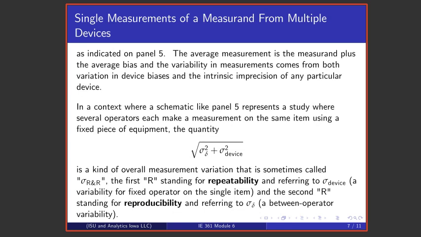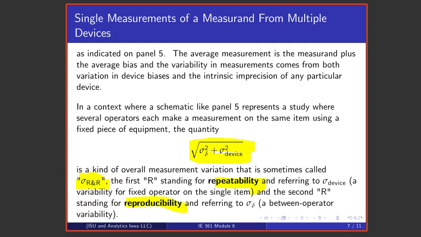In this kind of a context where different devices are really different operators, there's a standard kind of language that gets used. People talk about R&R, repeatability and reproducibility. And this combination of operator bias variability and repeat measurement variability gets called sigma R&R.